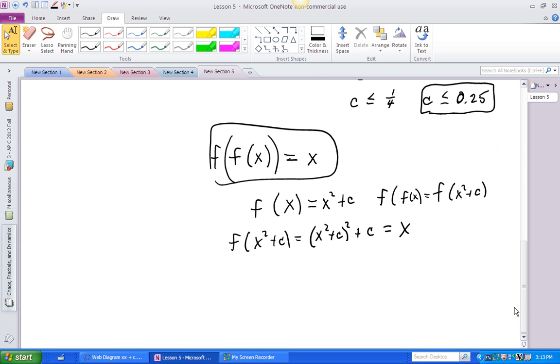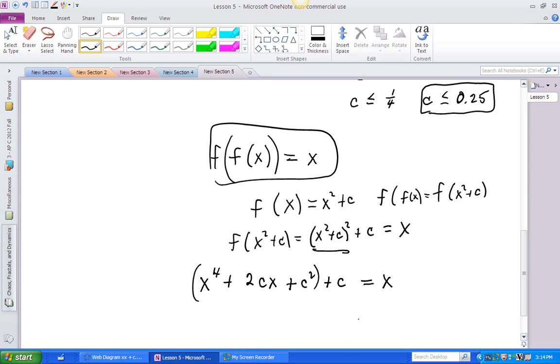If I multiply all this stuff out, here's what I get: x to the 4th plus 2cx squared plus c squared plus c equals x.